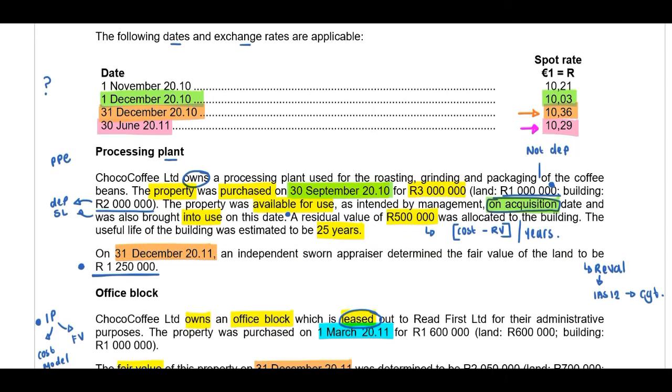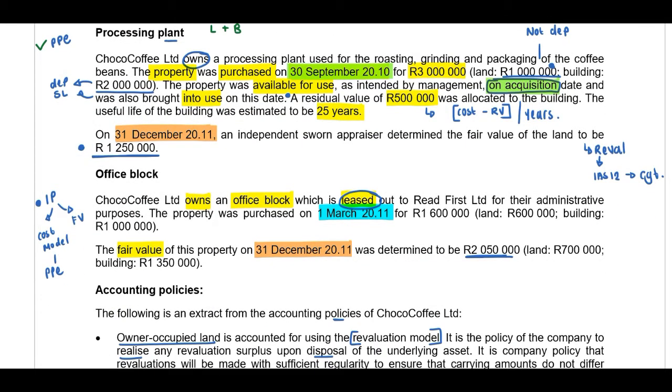And we now need to include our processing plant, which consists out of our land and buildings. But our office block, this is investment property. Therefore, we are not going to include this. Extremely important. We only include our PPE note.